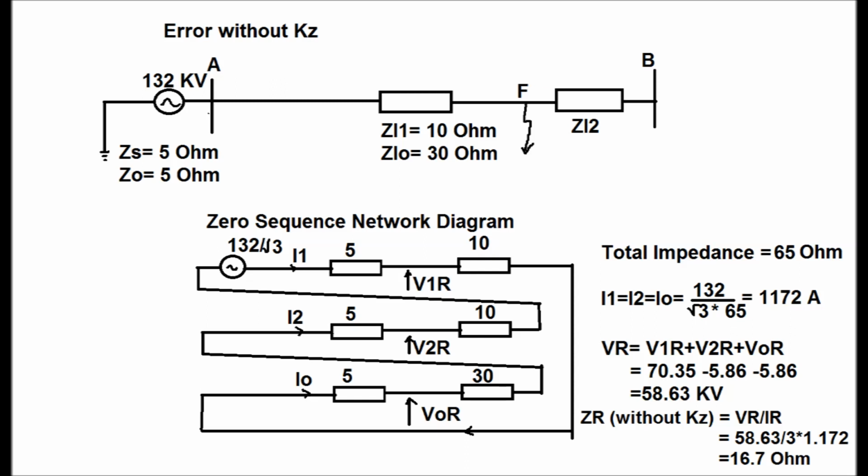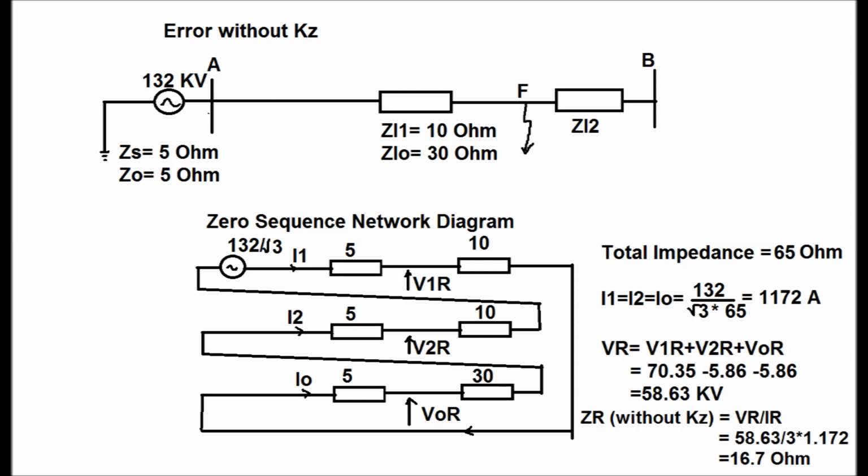So the fault occurs at a distance in terms of impedance equal to 10 ohm from the substation A end, but the distance relay will see the fault at a distance in terms of impedance of 16.7 ohm. If for simplicity we consider that 10 ohm is equal to 10 kilometer, then the fault is 10 kilometer from the substation A end, but the distance relay will see the fault point at 16.7 kilometer from substation A end.